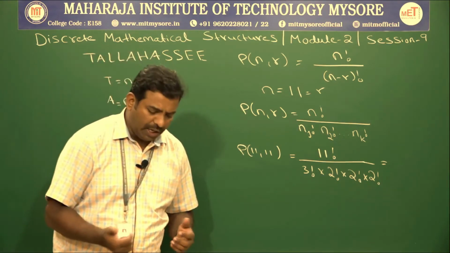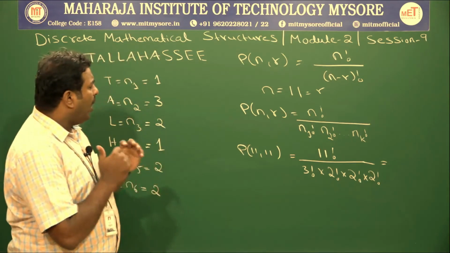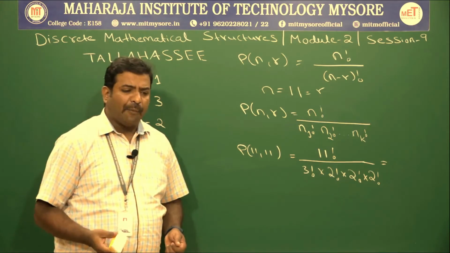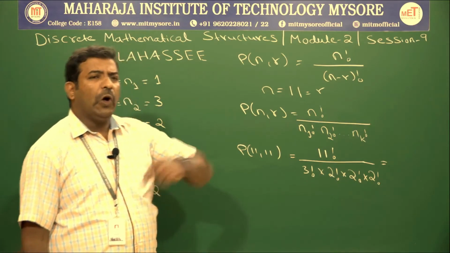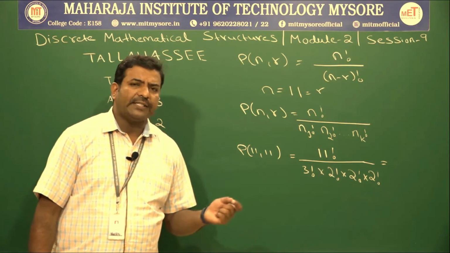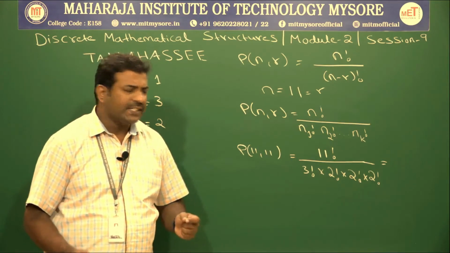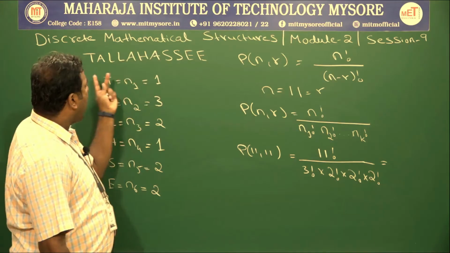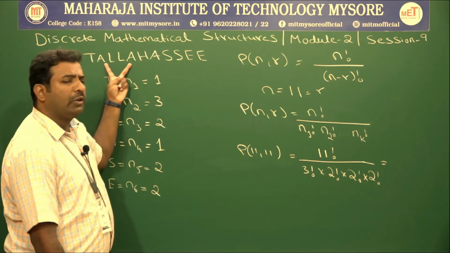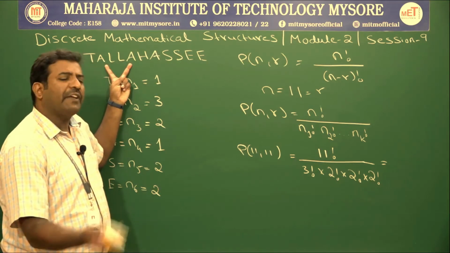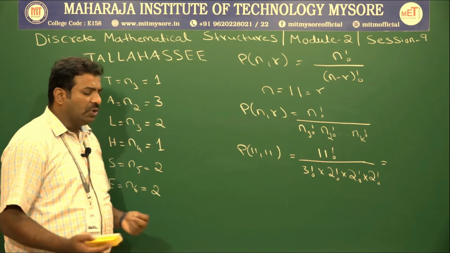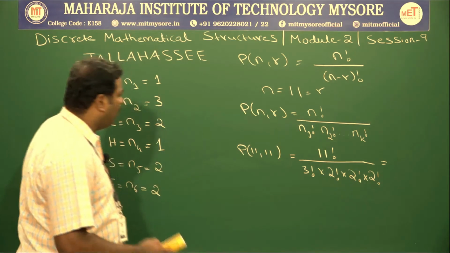To understand how to deal with not having adjacent A's, I am not supposed to have 2 A's together when I arrange this word. If I say any 2 A's not together, it's understood that even 3 A's also should not be together.